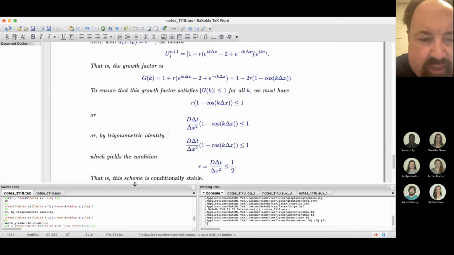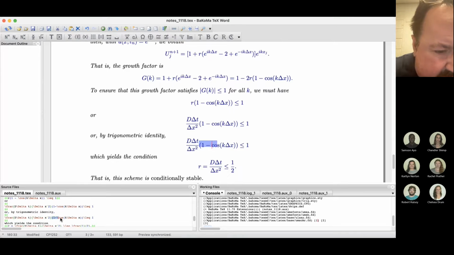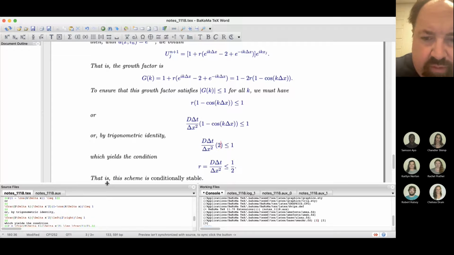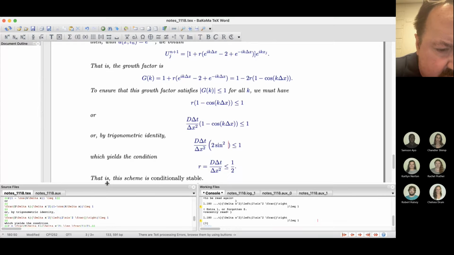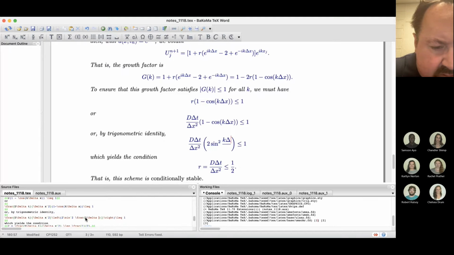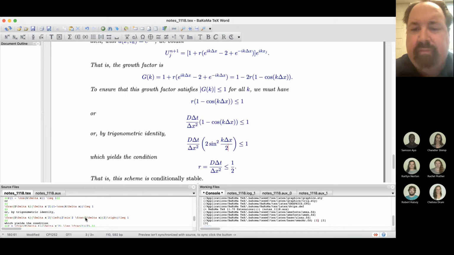So 1 minus cosine k delta x is the same as 2 sine squared k delta x over 2.